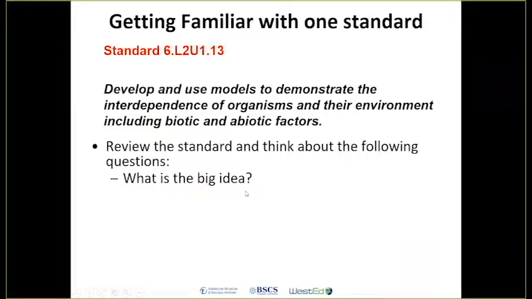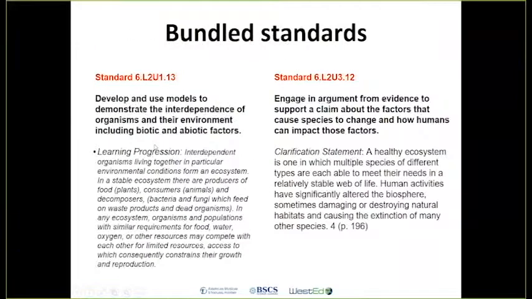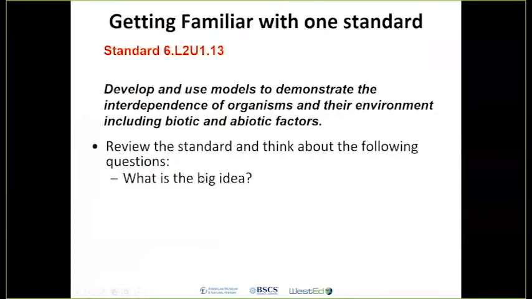But we're really going to focus on develop and use models to demonstrate the interdependence of organisms and their environment, including biotic and abiotic factors. So we really need to think about what that big idea is, and to do so, we really need to read the learning progression, all of our sticky notes of what we said was important, and the standard, and really make sure that we're combining all of that information and thinking about it all at once.